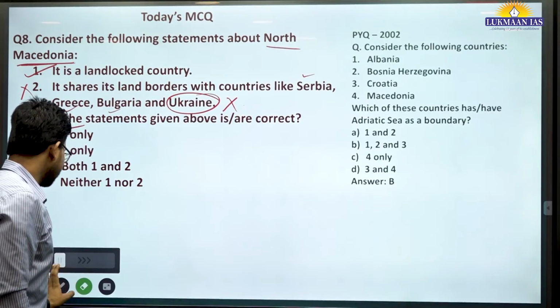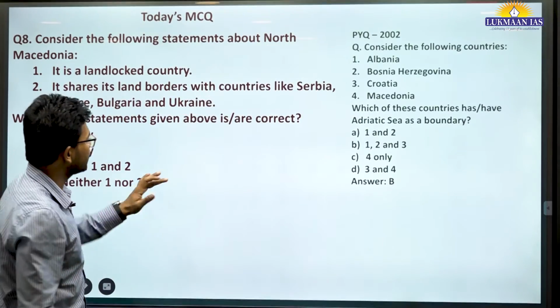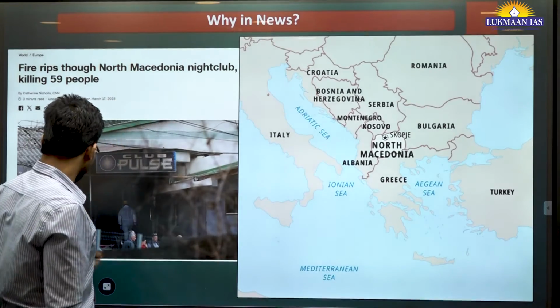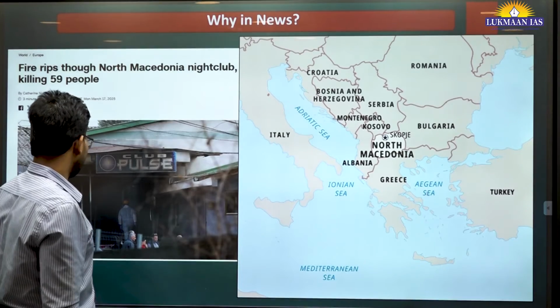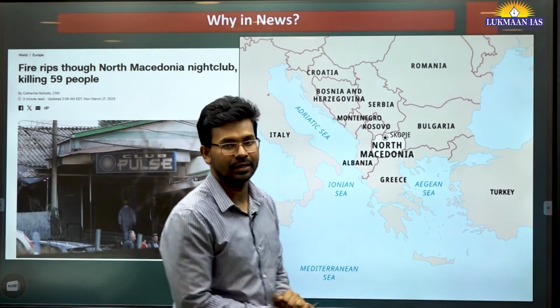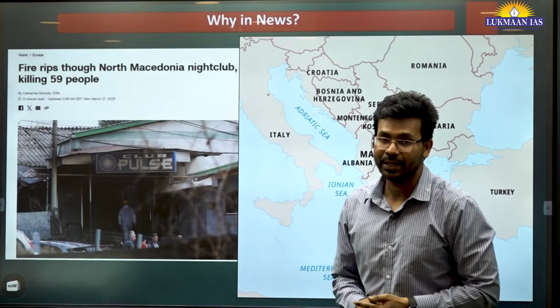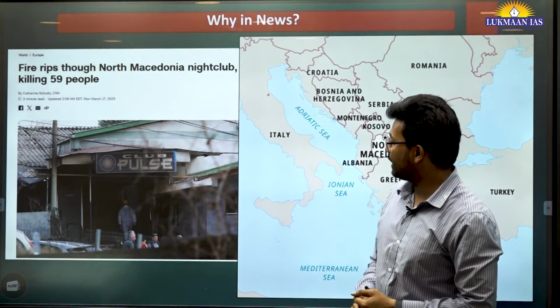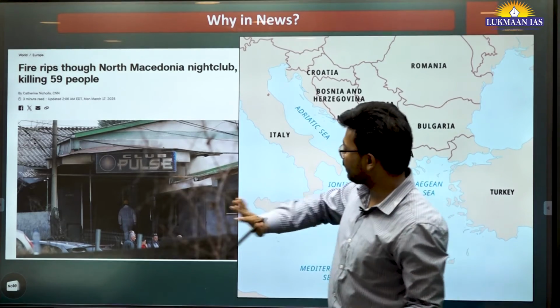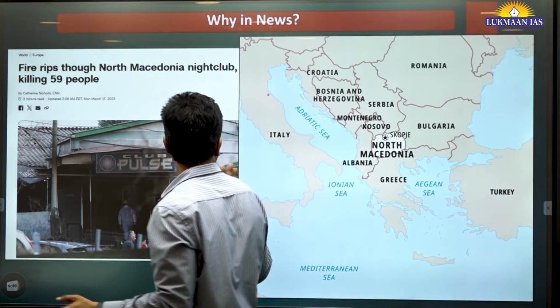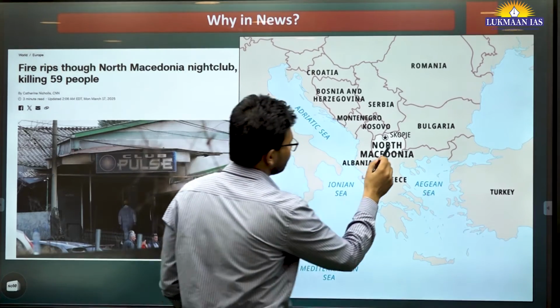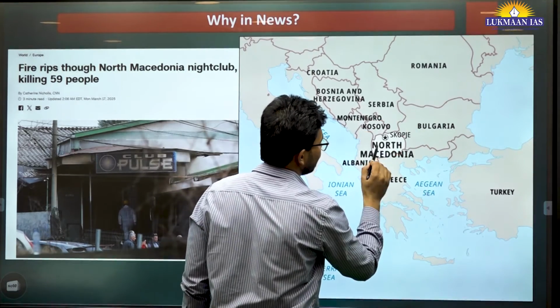Why North Macedonia? Because there was a fire incident here leading to 59 people dying. 59 people have died because of a fire in a particular club. So that's why it is in the news. So this is North Macedonia. This is where Macedonia is located.